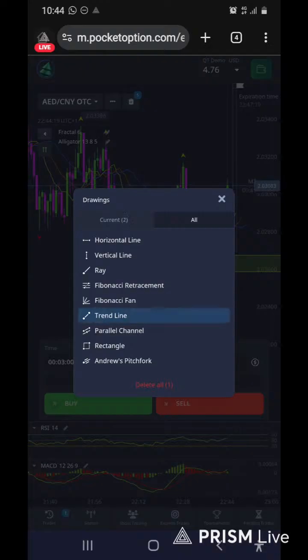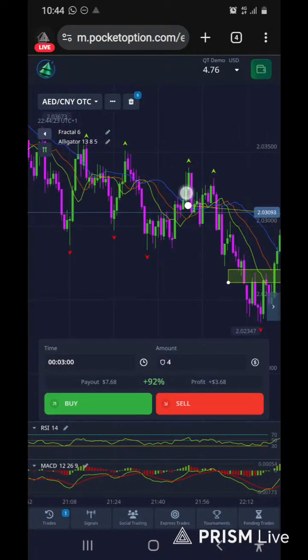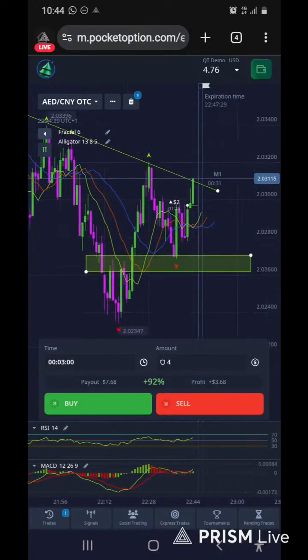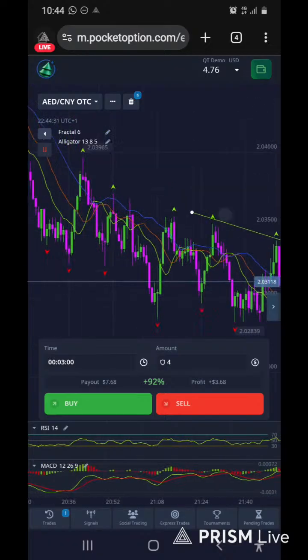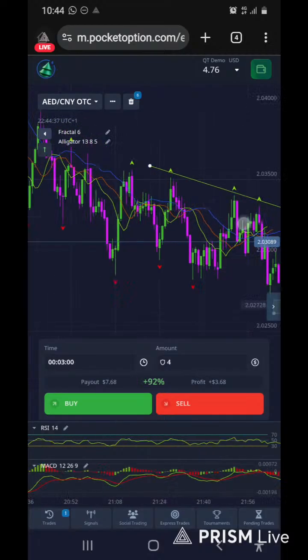But it's trending, no? Market is trending here downwards. It's a risky trade because it can easily come down because of the trend. Market is trending.